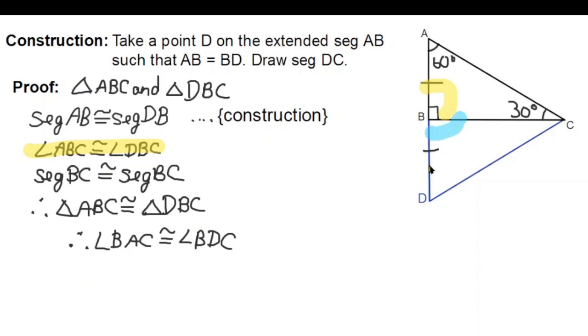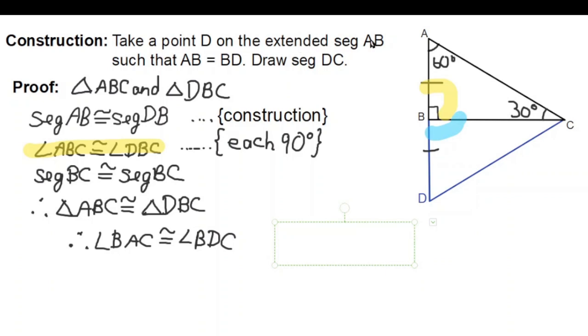The reason for this step is each 90 degrees. See here, angle ABC is 90 degrees and DBC is also 90 degrees. How? When we did the construction, we extended this in a straight line, right? The same line AB we have extended.